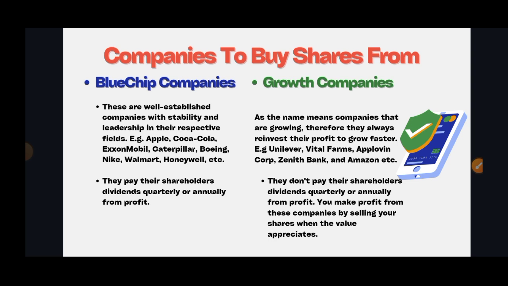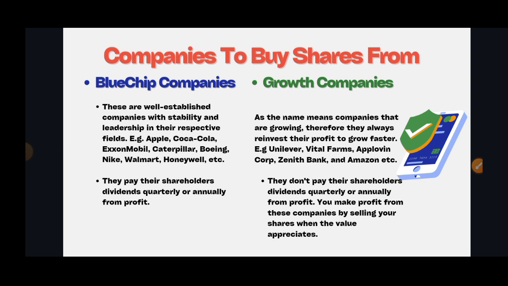For example, Apple, Coca-Cola, ExxonMobil, Caterpillar, Nike, Walmart, Honeywell, Johnson and Johnson, and etc. They pay their shareholders dividends quarterly or annually, or some monthly, especially in the real estate investment stock market.